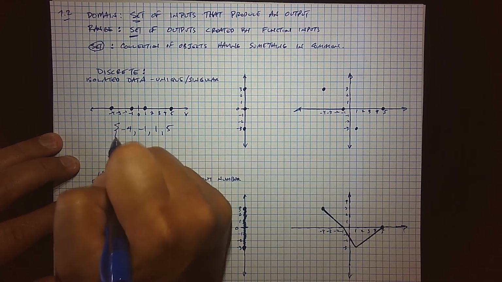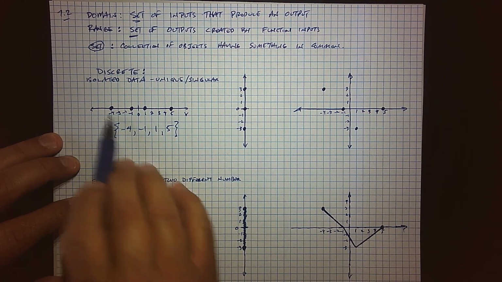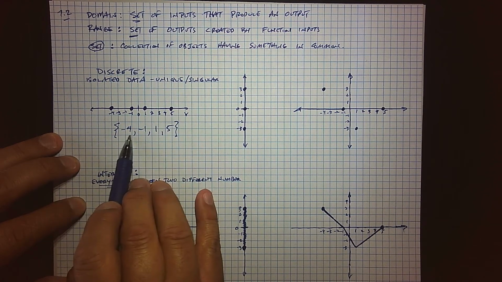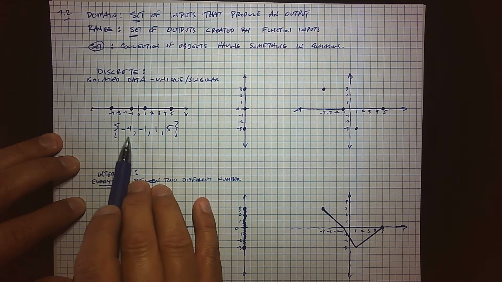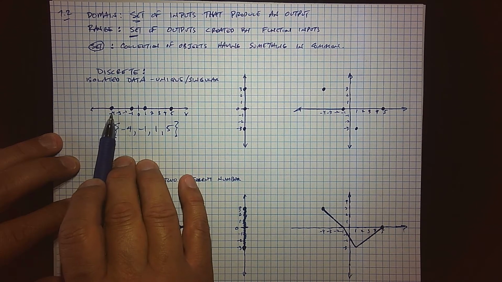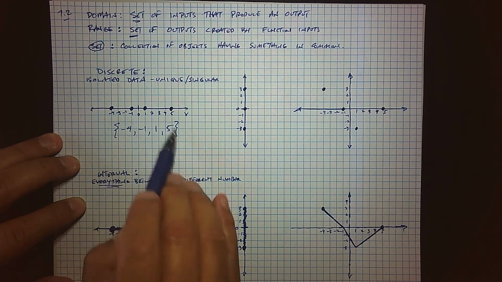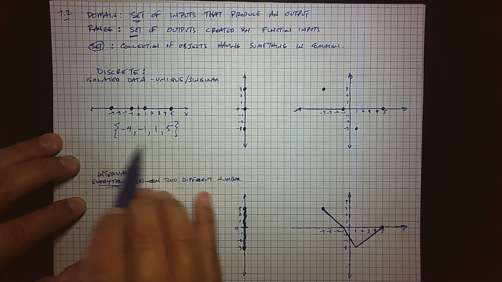And what we usually do is we use curly brackets to represent the set. So this picture only describes 4 pieces of isolated data. I'm not talking about everybody in between. I'm just talking about the number -4, the number -1, +1, and 5. So what we have is a discrete set.